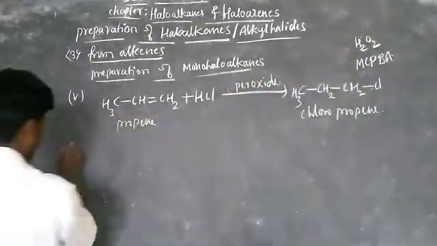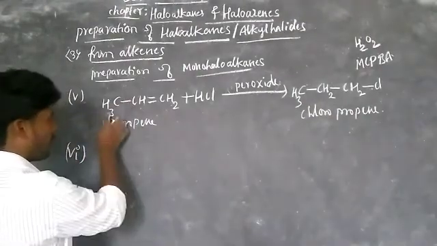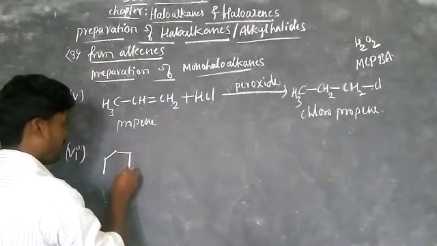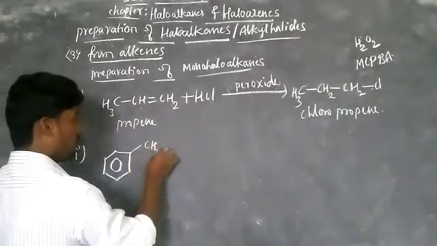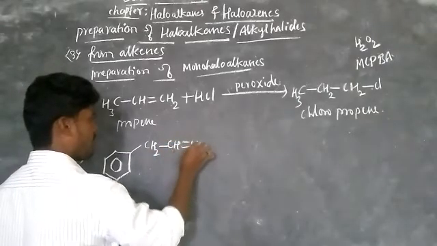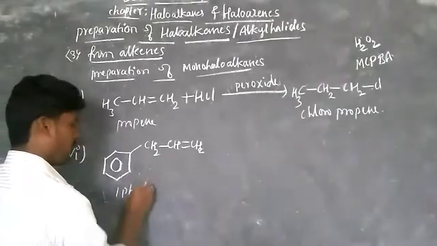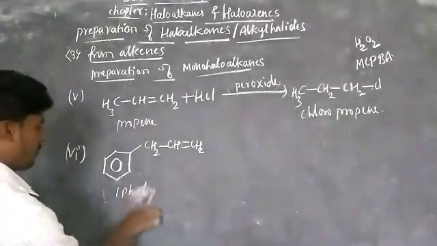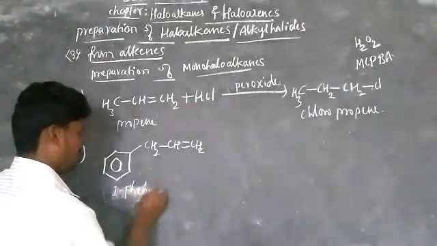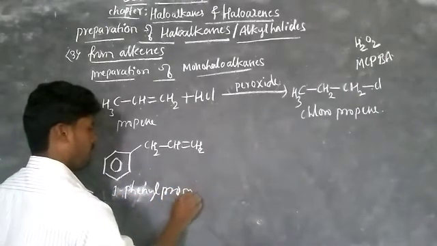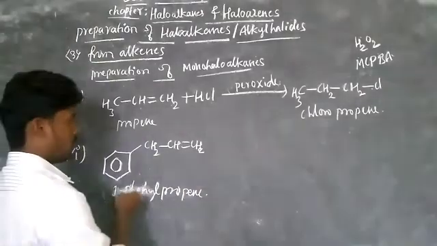Similarly, now take one more for homework. In place of one of the hydrogens, I write benzene ring bonded to CH2, bonded to CH, double bond CH2. What is its name? Actually it is not 1-phenylpropene. Give numbers 1, 2, 3. Okay, that is 3-phenylpropene.